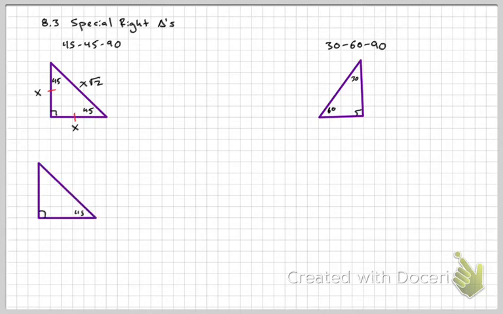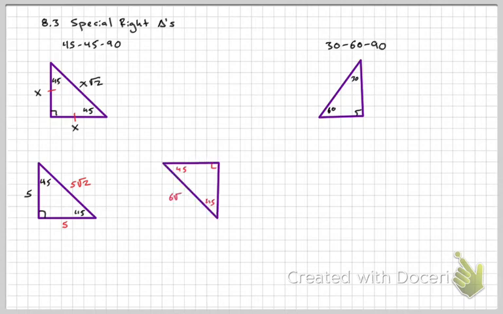So let's look at a very straightforward problem, like the one I just said. I know this is a 45, 45, 90, as it was given to us. So I know this missing leg is also 5. And then I know that my hypotenuse is 5 rad 2. It's whatever the length of my leg is times radical 2. And again, I'm going to ask that you leave your answers in simplified radicals for pretty much all these special right triangles.